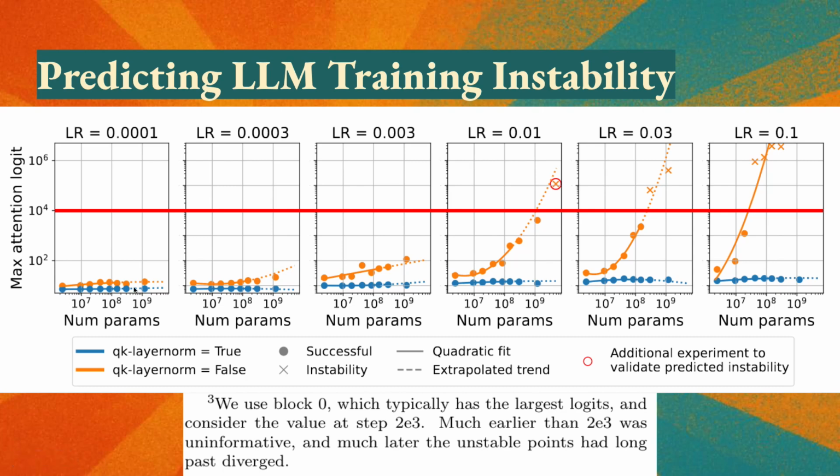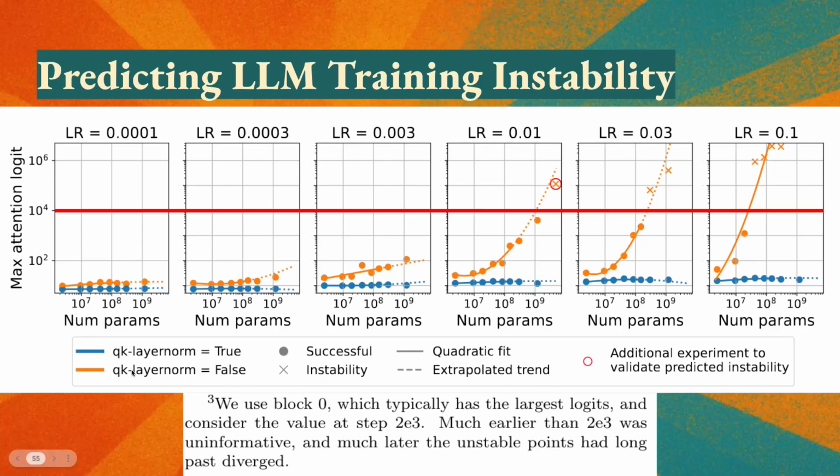And if we look at every single one of these learning rates, from 0.0001 up to 0.1, the line with QK-layernorm for max attention logit is pretty much flat. So what we're seeing is stable, consistent, not exploding, not collapsing attention outputs.